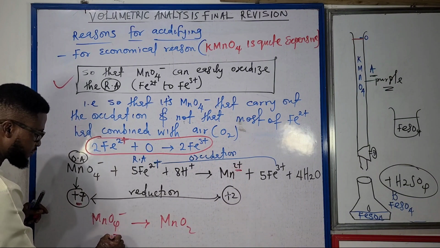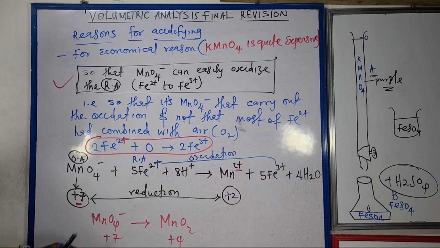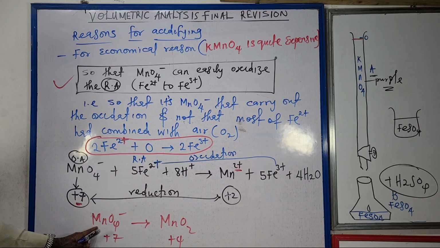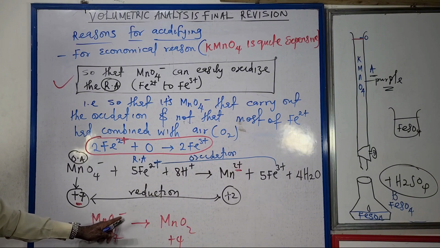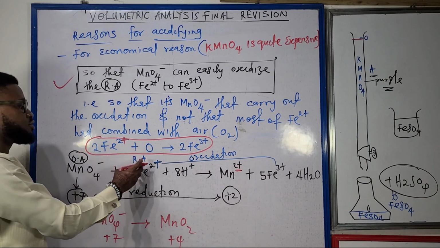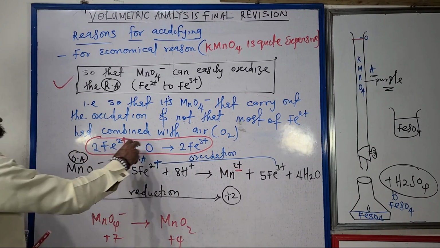Here it is +7, here this is +4. So we're not going to get enough electrons for the tetraoxomanganate ion to become +2, because most of the iron 2 ion are giving out the electron to oxygen.